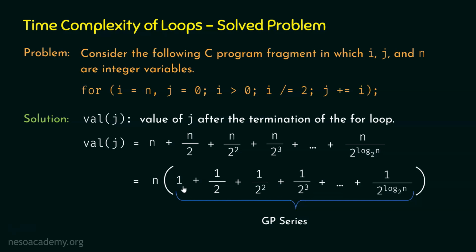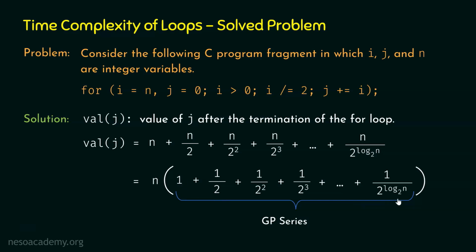And as the first term is 1 by 2 power 0, there are a total of log n base 2 plus 1 terms. As in the last term, the power of 2 is log n base 2. If the first term starts with 1 by 2, then there are a total of log n base 2 terms. But here, the first term is 1, which is 1 by 2 power 0.